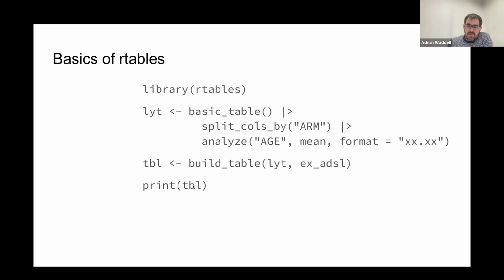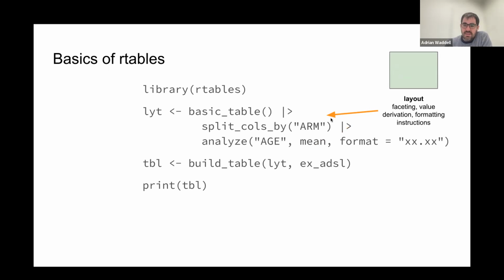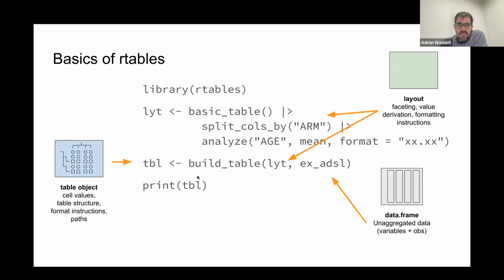Here's the layout that we create. The layout is here again, where we use it. Then we use the data frame. That returns a table object, and if we print it, we get the formatted table.